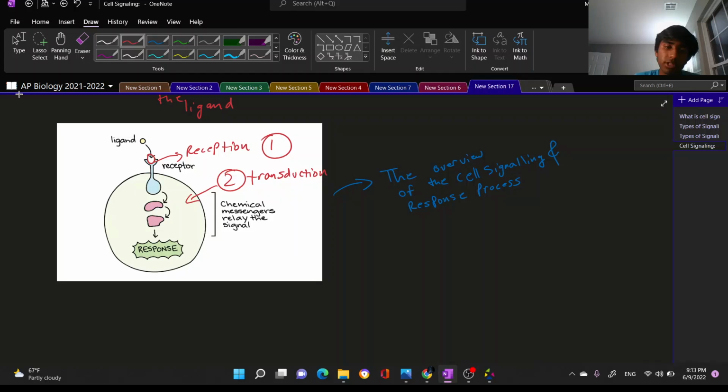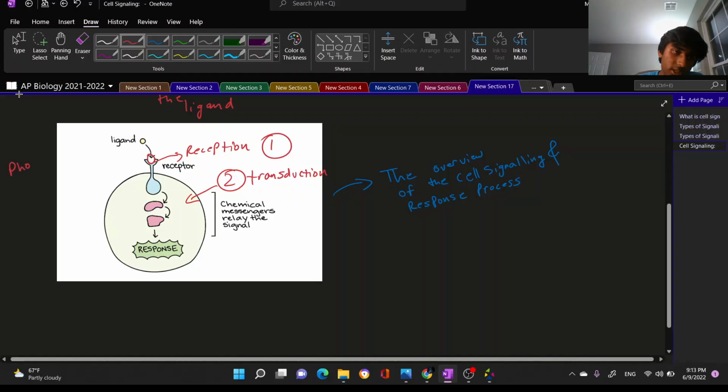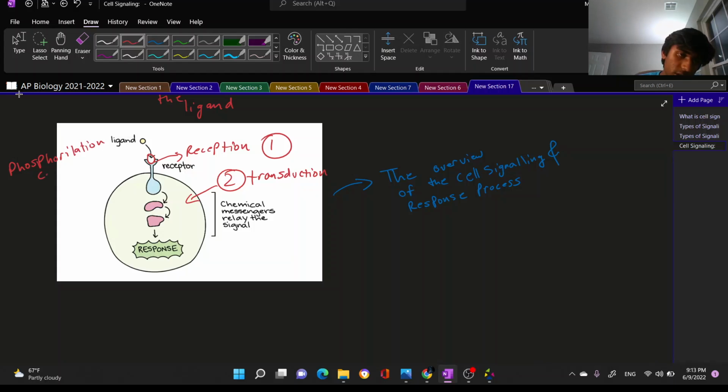So there's many different transduction pathways in cells and different mechanisms by which this message is essentially decoded. And one common one is the phosphorylation cascade, which pretty much involves the phosphorylation of many molecules, and it creates a cascade of reactions and ends up resulting in a response.